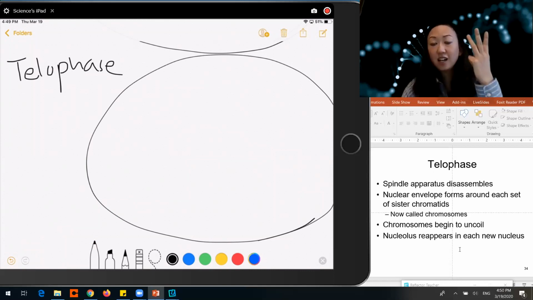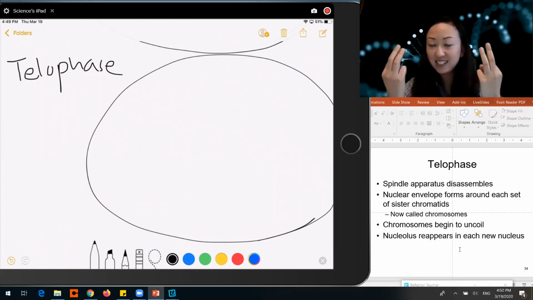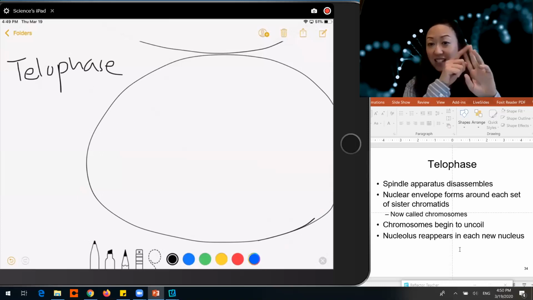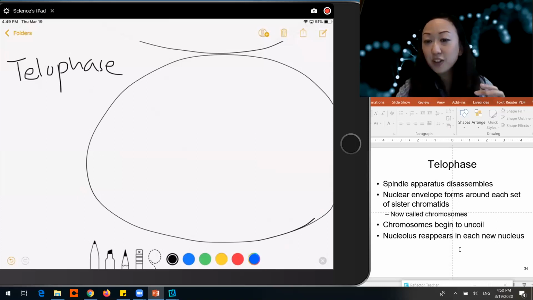In prophase, chromosomes condense, so in telophase, chromosomes begin to uncoil, decondense. Nuclear envelope dissolves, that's the second thing, and now the nuclear envelope begins to appear. So everything is opposite. Originally the spindle apparatus assembles, now it's going to disassemble. Okay, so everything just the opposite.